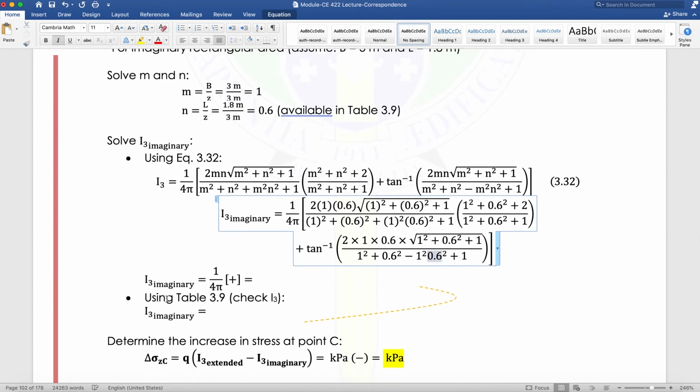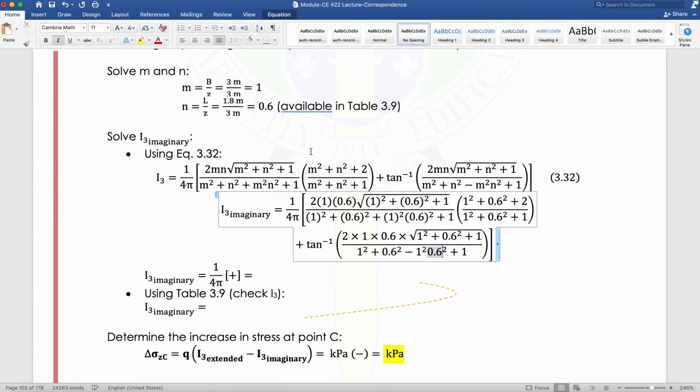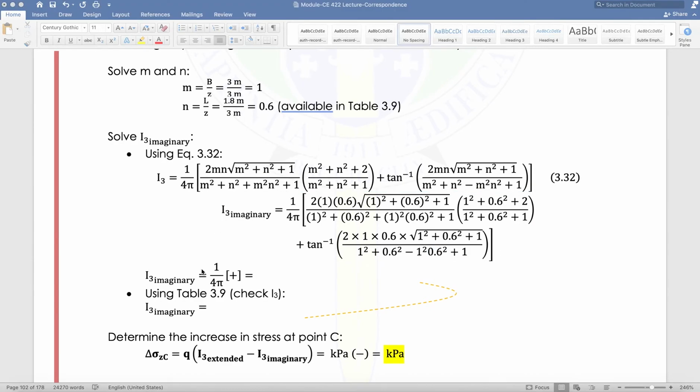Okay, and the value is equivalent to 1 over 4 pi times the first term, which is equivalent to 0.965, plus the second term here, our second term with the arctangent, which is equivalent to 0.745. Okay, so add this times 1 over 4 pi is equivalent to 0.1361.